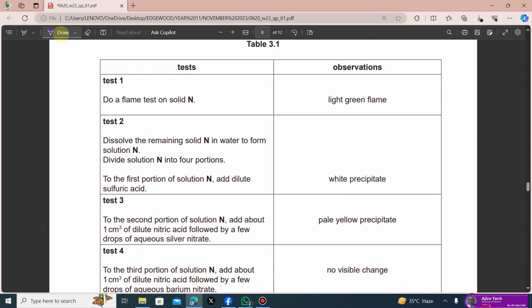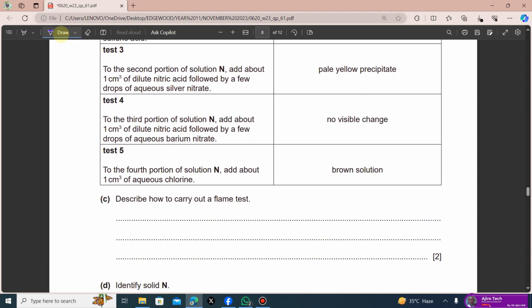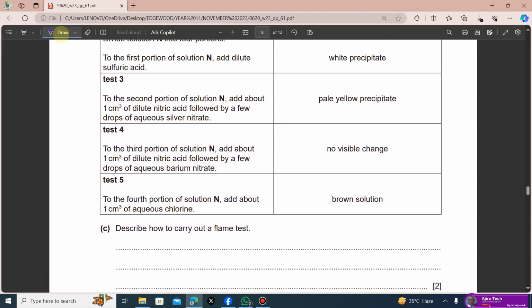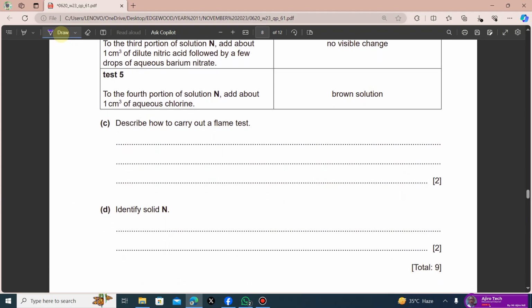All right, a lot of tests have been written here, so let's just go straight. Describe how to carry out a flame test. Now, how do you carry out a flame test? First, you need the compound that you want to use, because the flame test is to test for the metal. Then you need a non-luminous flame.